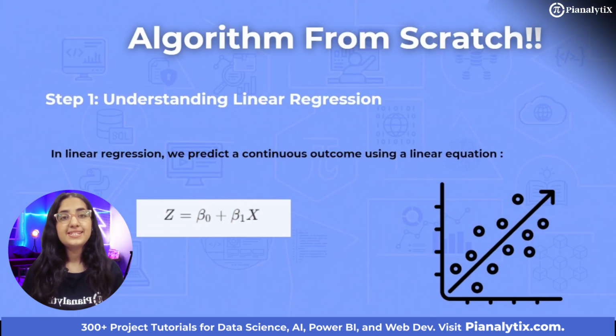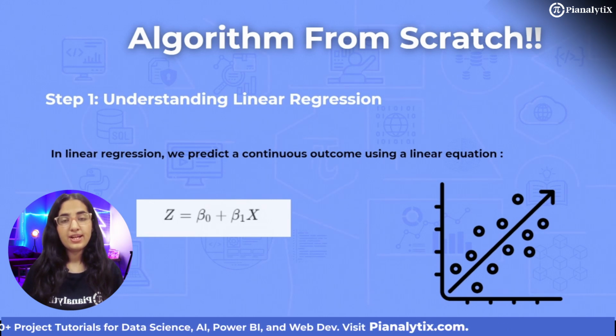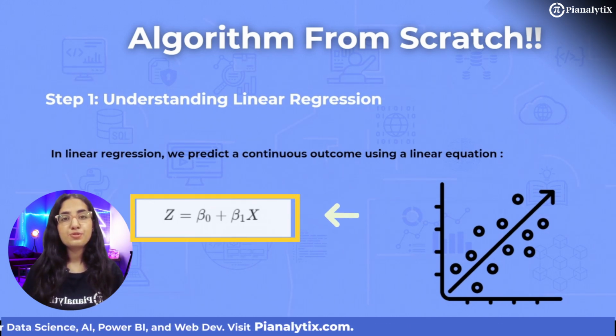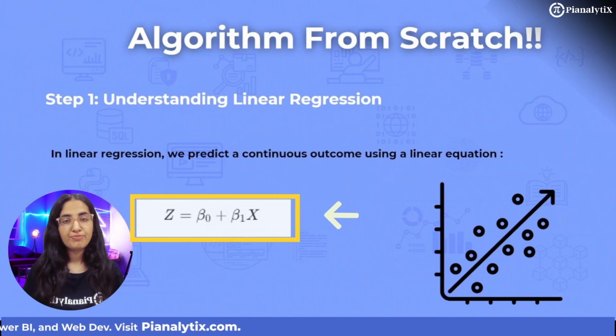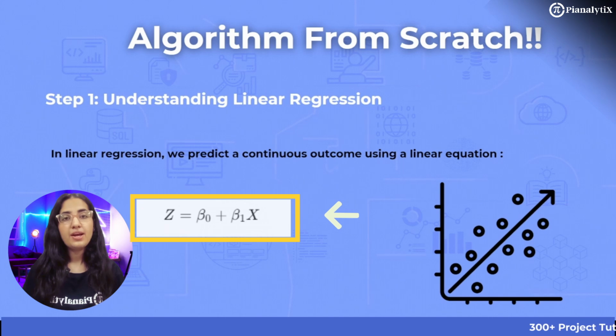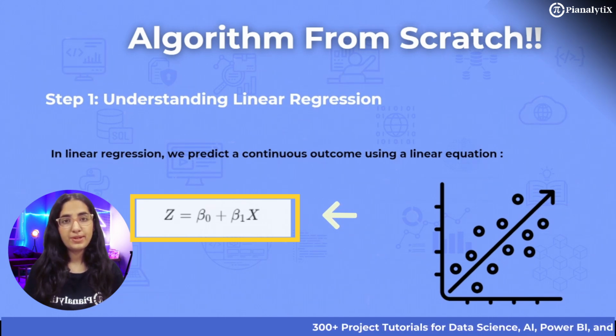Now, let's dig into the math behind logistic regression. Don't worry, I'll keep it intuitive. In linear regression, the model is based on the equation of a line, that is, z = b0 + b1x, where z is the dependent variable, x is the independent variable, and b0 and b1 are the intercept and slope respectively.